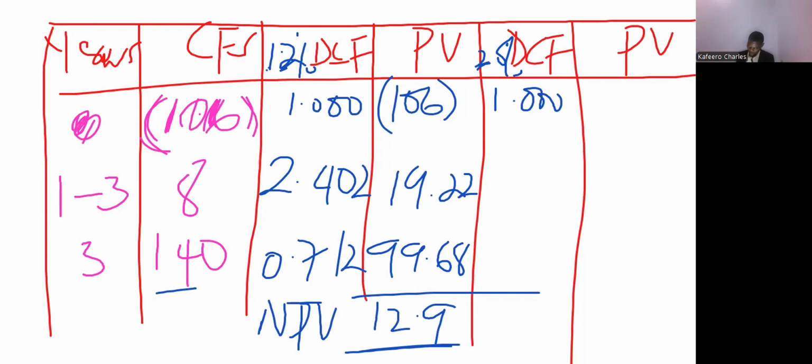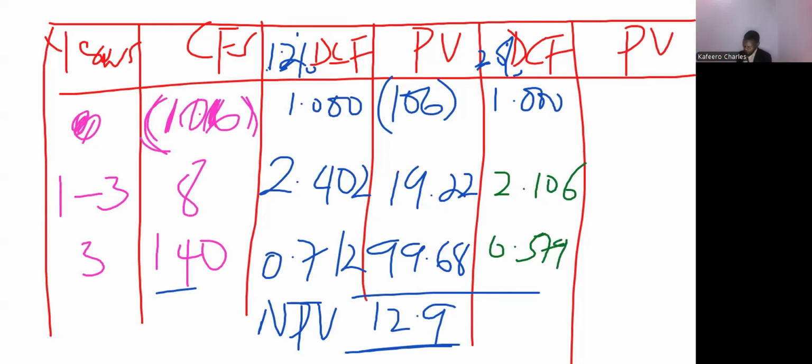Annuity factor 3rd year 20% is 2.106. Then we get now the present value factor third year at 20%, which is 0.5779.